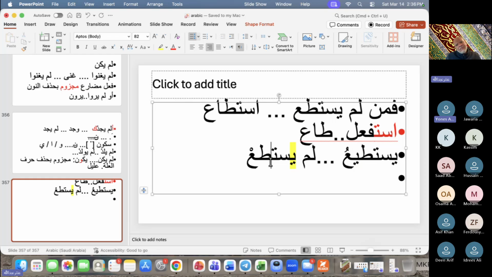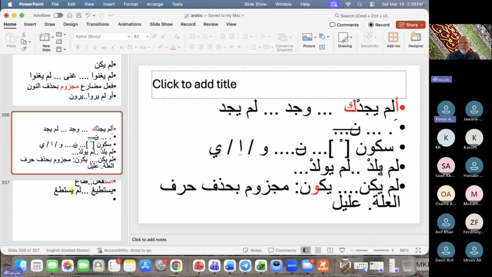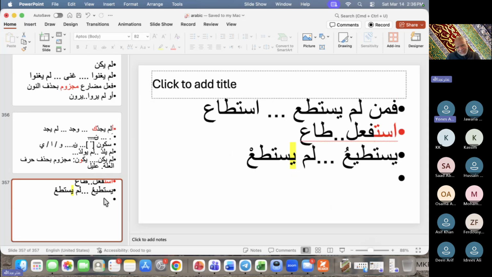It's enough that we see the sukoon, so we know that this will be jazm or majzoom. Yeah, we know that it is majzoom, but the marker of the jazm here is not the sukoon. The sukoon is there, but it is not the marker. The marker is dropping the ya. So it is necessary for us to know that there was a ya there.